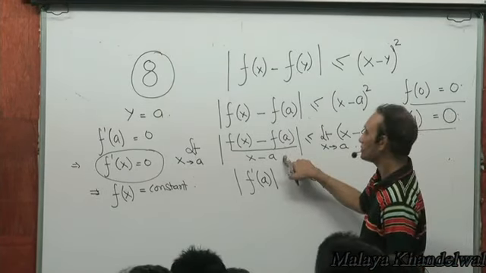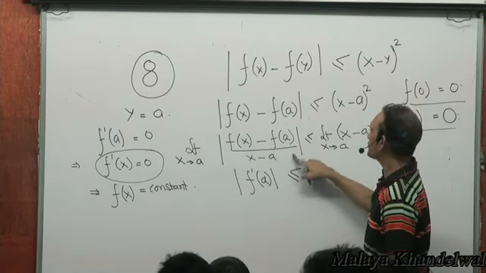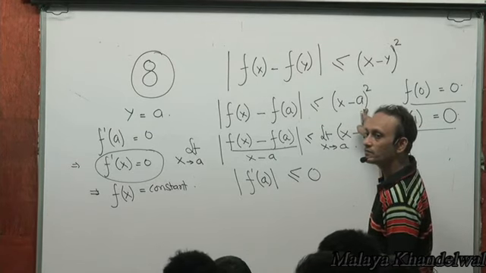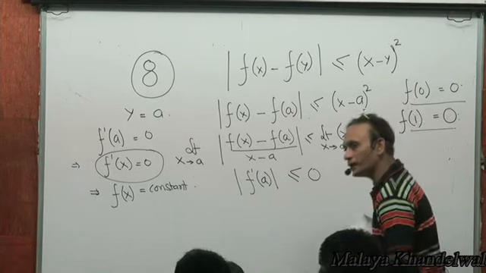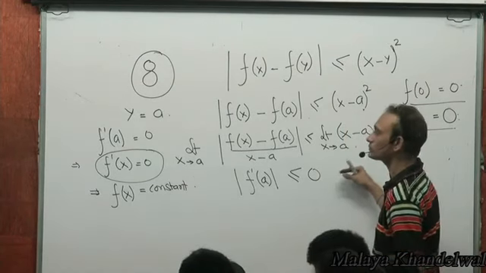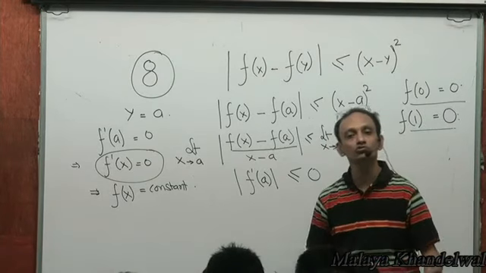Fx is constant, f0 is 0, so f1 will be 0, f root 2 will be 0, etc.